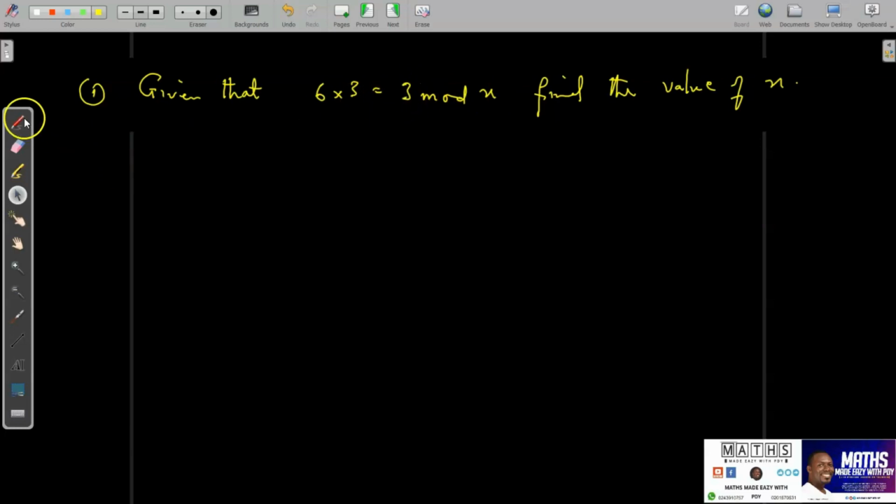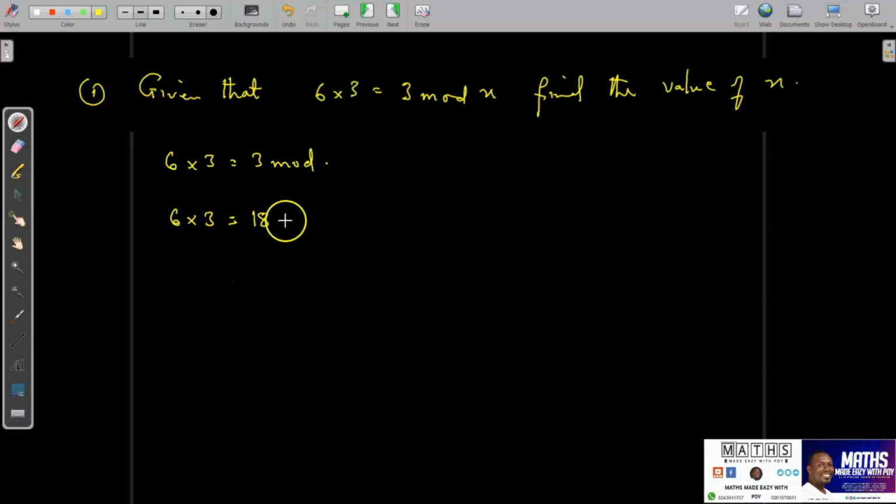Ideally, having 6 times 3 equal to 3 mod x, what answer do we have in mind for 6 times 3 alone in the normal world? 6 times 3 is 18.